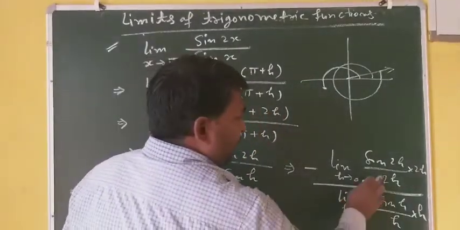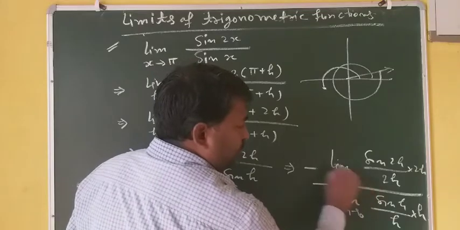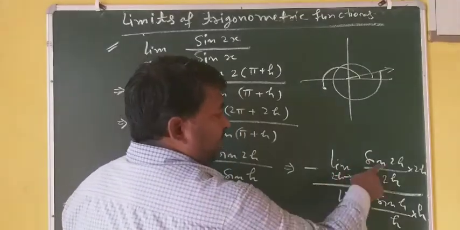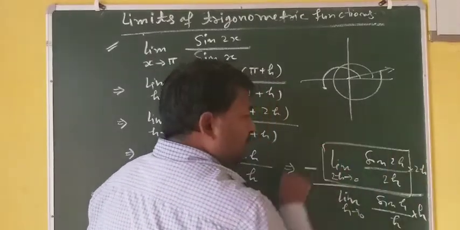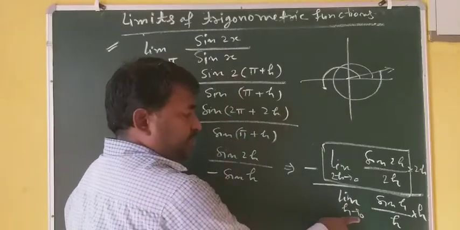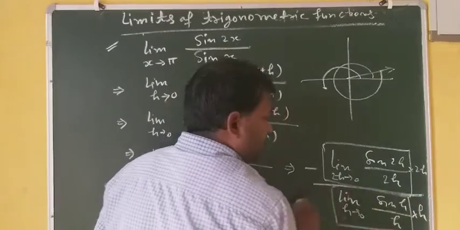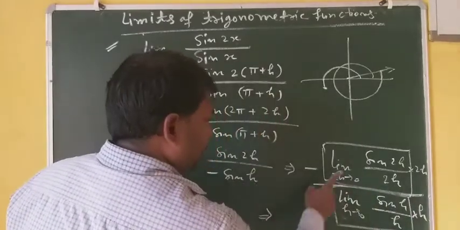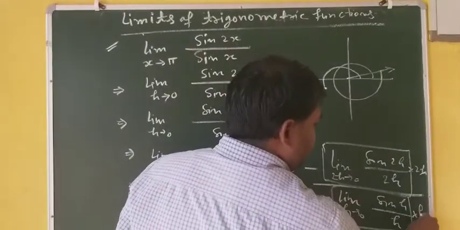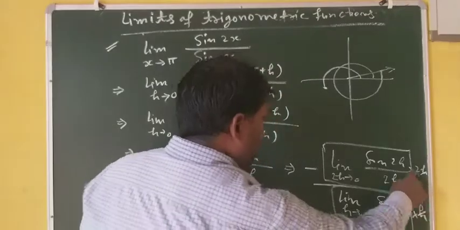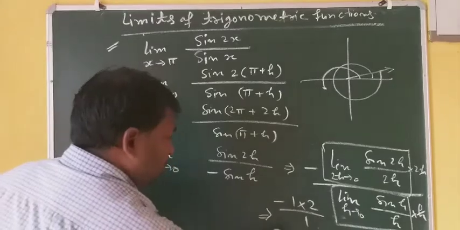If h tends to 0, then 2h also tends to 0. So limit sin theta upon theta, theta tends to 0, this whole quantity will become 1. Similarly, limit h tends to 0 means theta tends to 0, sin theta upon theta will also become 1. So it is minus 1 into, h and h cancel out, so into 2 upon 1. So your answer is minus 2.